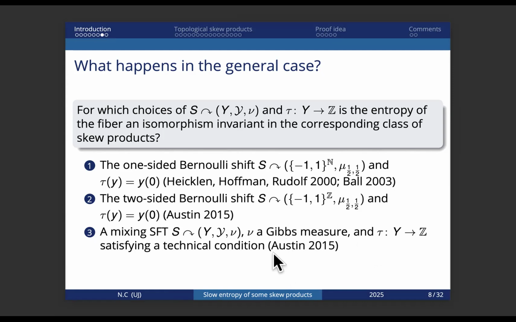In this paper, Austin writes that Michael Bromberg is working on proving that this condition is actually satisfied in many cases, but to my knowledge, this has not happened yet. So this is general, but at the same time, one needs to verify this condition.